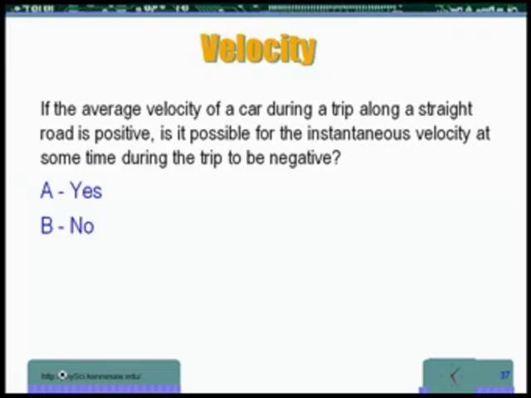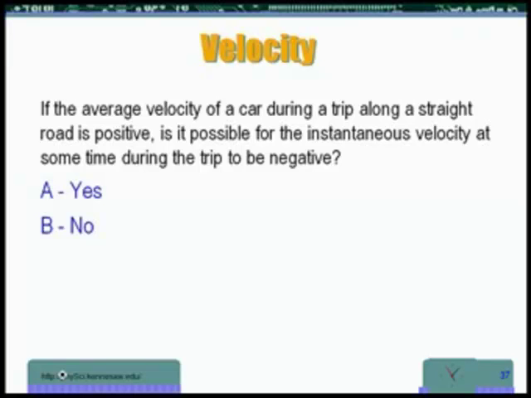Okay, now let's look at this question here. If the average velocity of a car during a trip along a straight road is positive, is it possible for the instantaneous velocity, meaning the velocity at any instant in between, at some point during the trip to be negative?